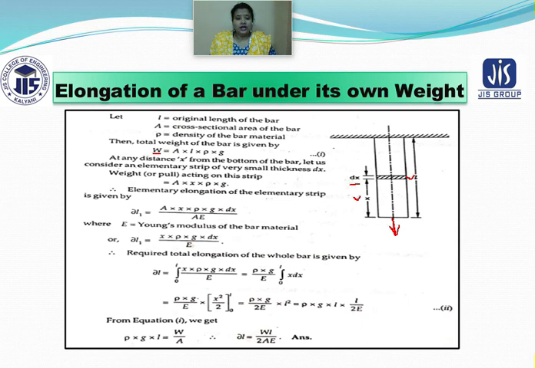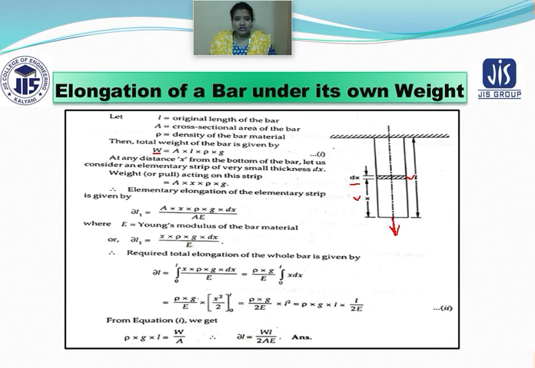If I ask you what is the elementary elongation of the elementary strip, again I am talking about the elongation of the elementary strip, because if you can calculate the elongation of the elementary strip, it is very easy to calculate the value for the entire bar, since we just need to integrate that equation from length 0 to length L. Is that clear?